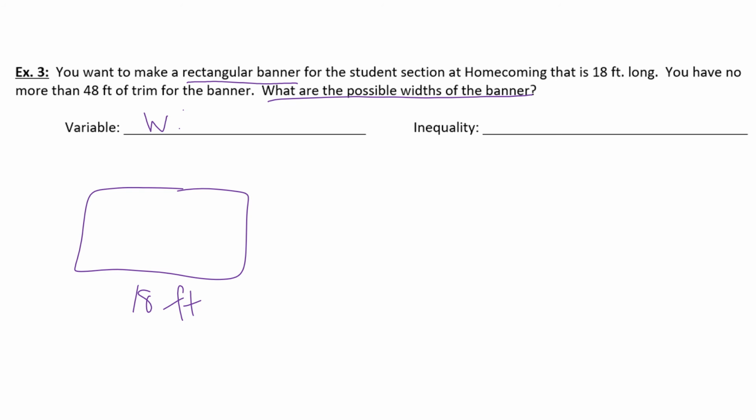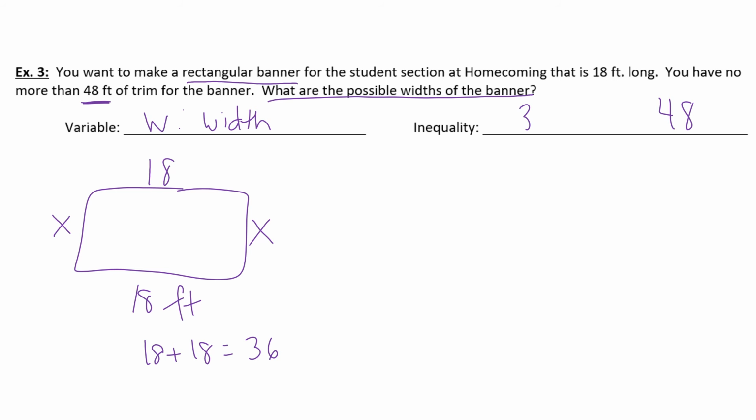So I'm going to use W, and that stands for the width of the banner. Okay, well, I know that on my banner, if this is 18, this is 18. Okay, I don't know what this is, but I do know that it's going to be the same thing over here. And in total, I only have the 48 feet. So I know that's my total. Okay, well, 18 plus 18 equals 36.